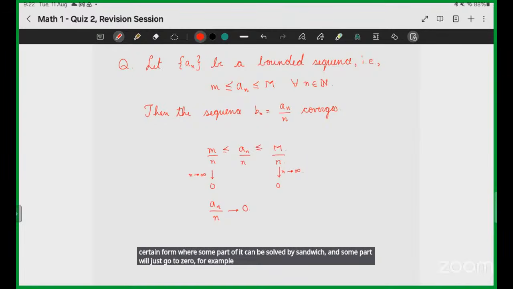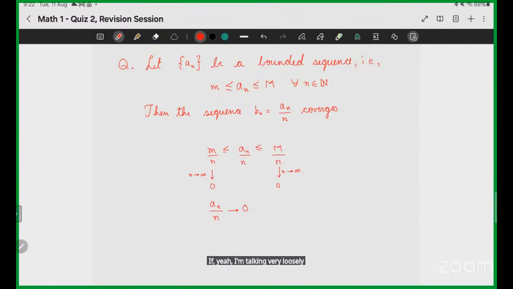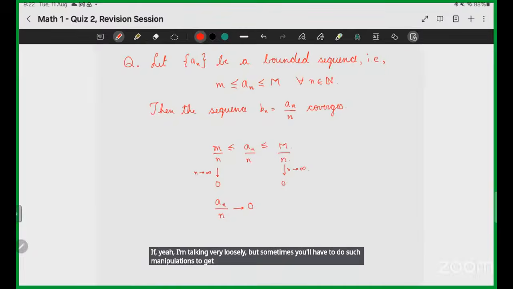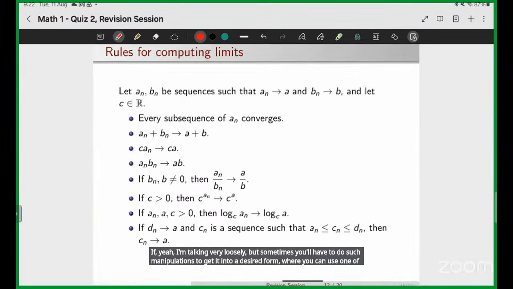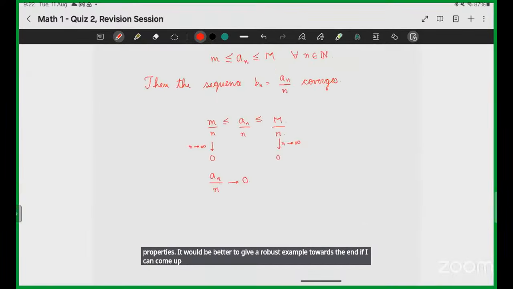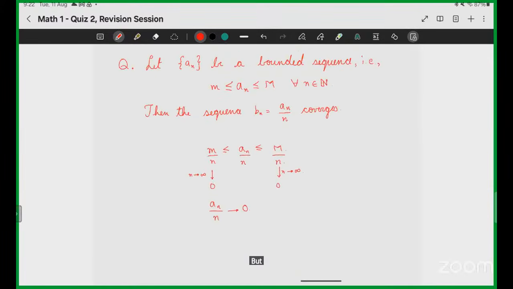If I'm talking very loosely, sometimes you'll have to do such manipulations to get it into a desired form where you can use one of these properties. It would be better to give a robust example towards the end. If I can come up with something, I'll let you know. But let's move on.